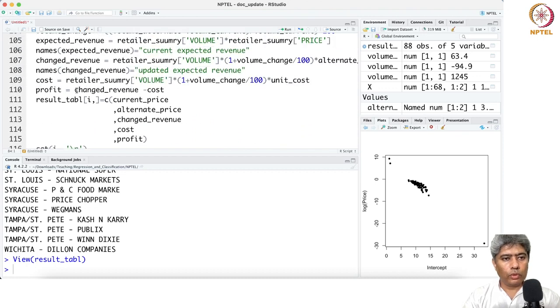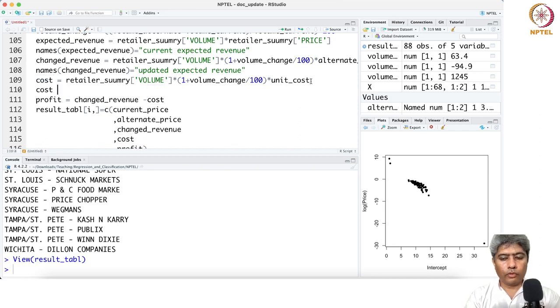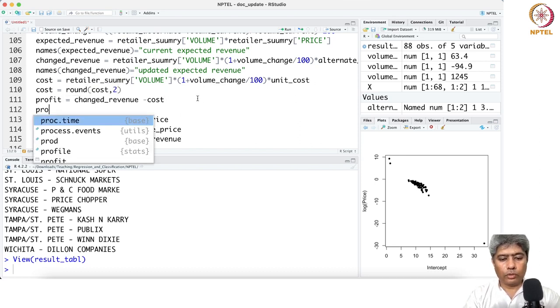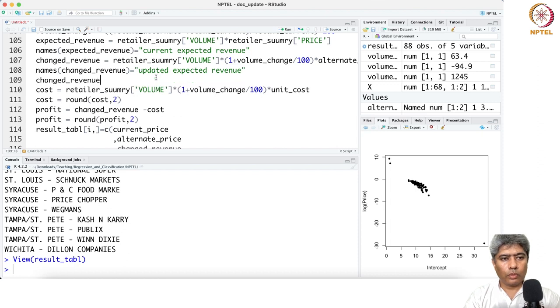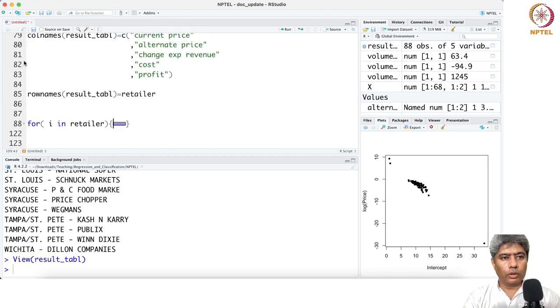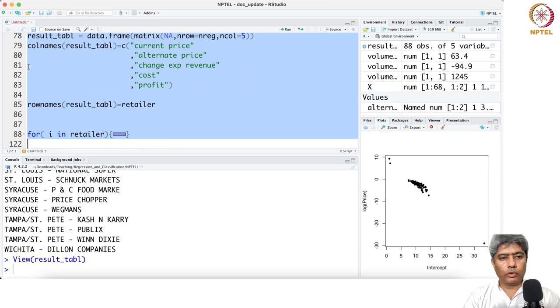What I'm going to do is round it off to 2 for cost, and profit also comma 2, and changed revenue equal to change, round it off to 2. Okay, so let me just run it once more.